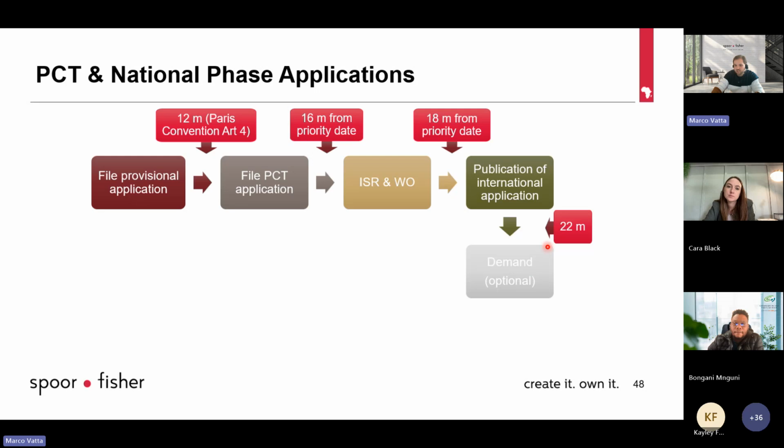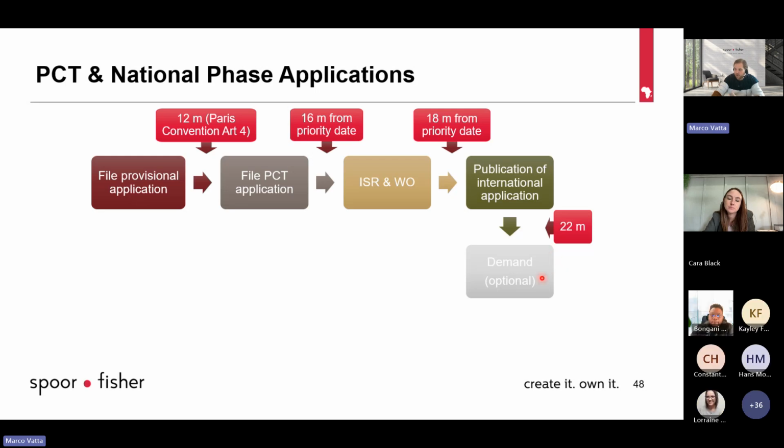And at that stage, the application will go back to examination and will be again examined by the examiner based on the new amended set of details.